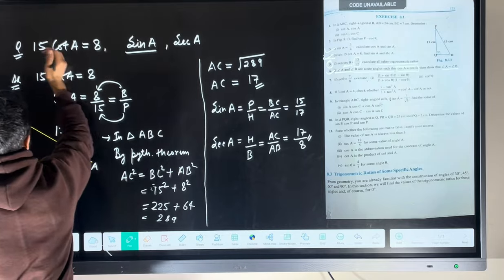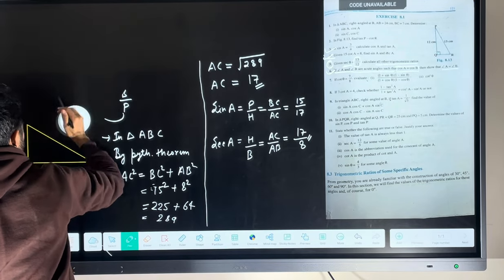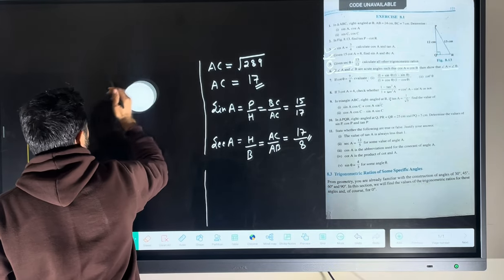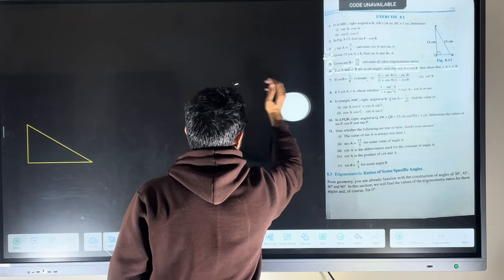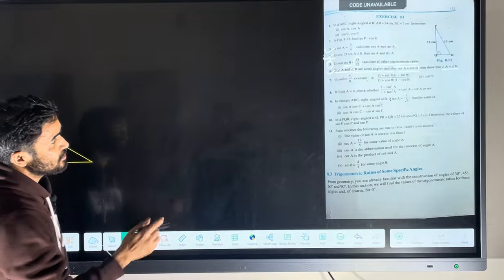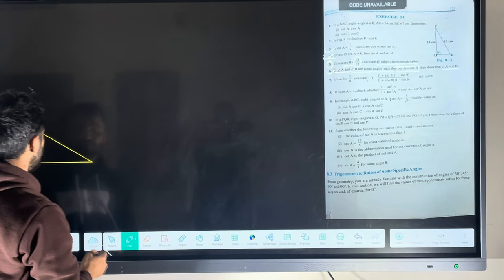Let me clear this. In that question, A and B are acute angles.